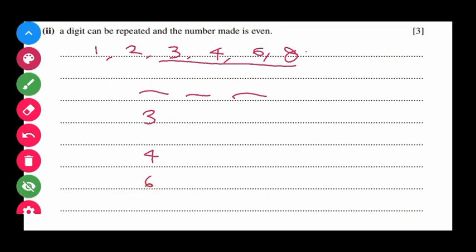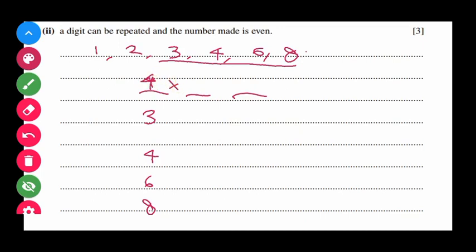Here we have three places, and our numbers are 1, 2, 3, 4, 6, 8. As per the first condition, the number should be greater than 300, so the first digit can be 3, 4, 6, or 8. It can choose from 4 digits.